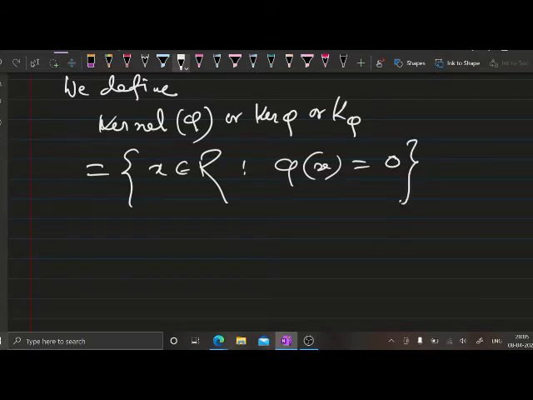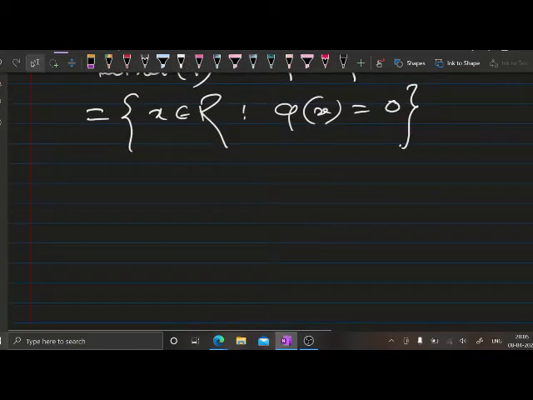Okay, so this is the definition of the kernel of a ring homomorphism, which is the same as the kernel of the group homomorphism phi between the additive groups R plus and R' plus.